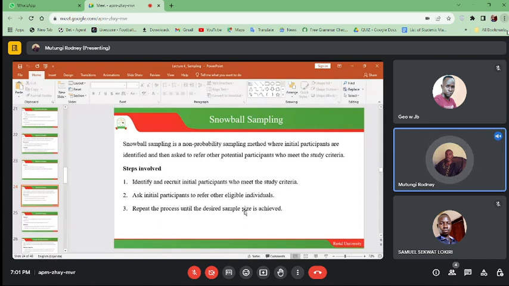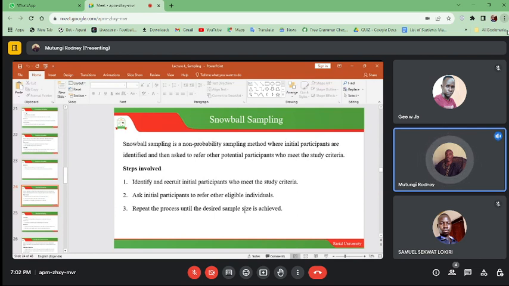So from that knowledge, you can expect that if we apply that snowball principle in research or sampling, we are able to recruit initial participants who meet the study criteria. And then from these initial participants, we get to know the other people that we can go to.